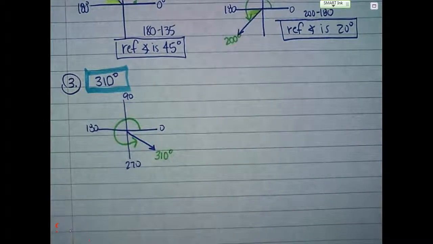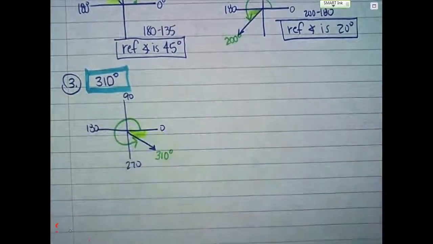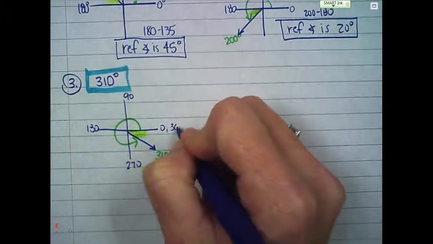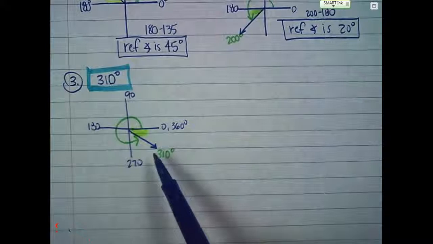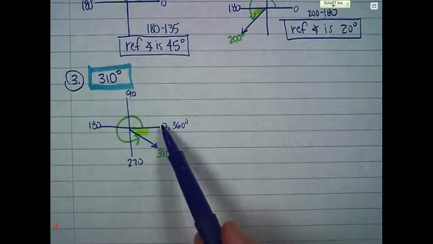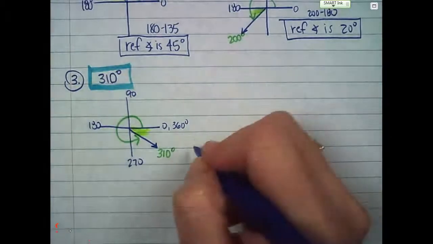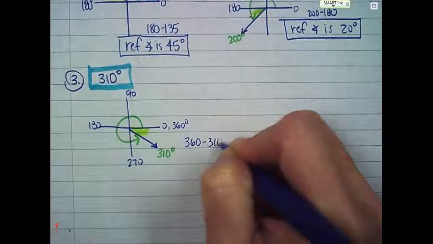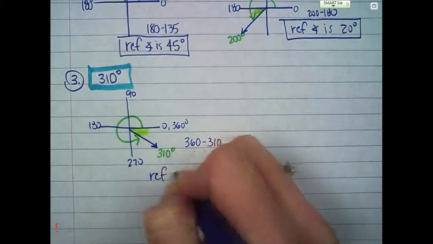So the only spot to touch would be here. Make sense? Okay. And on this particular one, if I looped all the way around, I'd be at 360. So I stopped here at 310, and from here to the end, or for one full loop, is 360. So what do you think that the reference angle is? 360 minus 310. So the reference angle is 50.